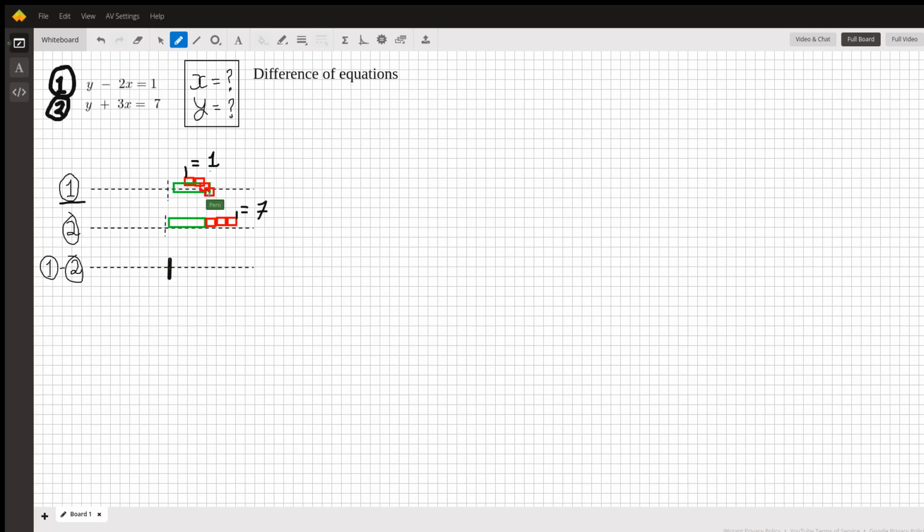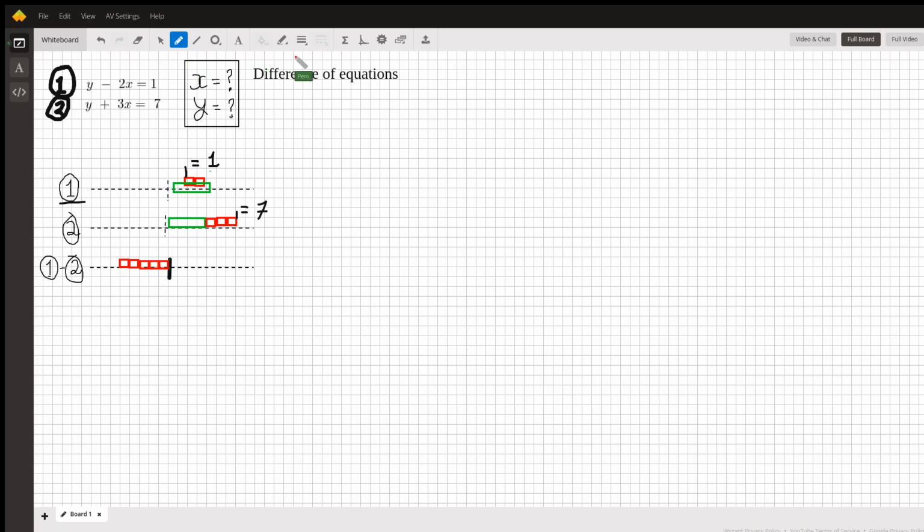We have negative 2x, so we're going to add that negative 2, and when you add a negative, you're subtracting. So we're subtracting 2x. And then there's positive 3x here, which we are subtracting. So when you subtract a positive, you have to subtract. We are subtracting these 3 x's, and we end up here with negative 5x.